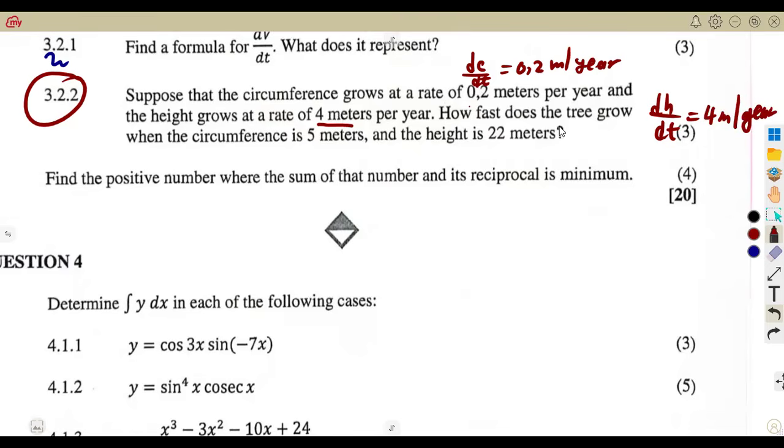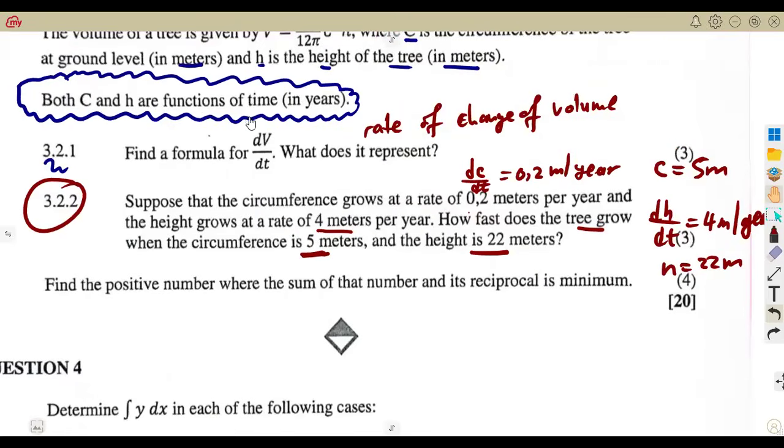How fast does the volume grow when the circumference is, we are now given the value of c, 5 meters, and the height is 22 meters? The volume represented in number of years.